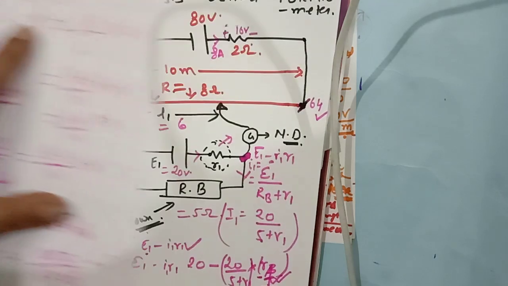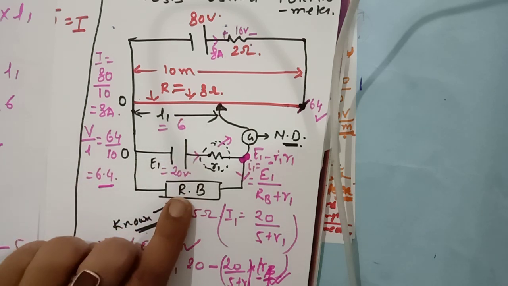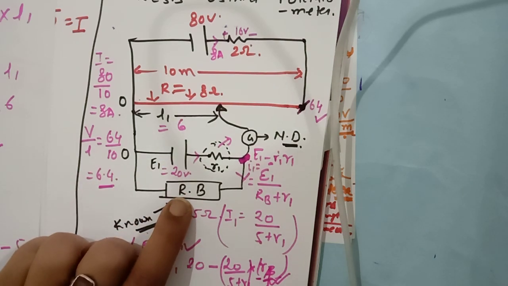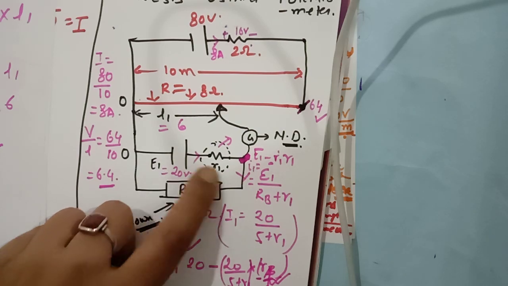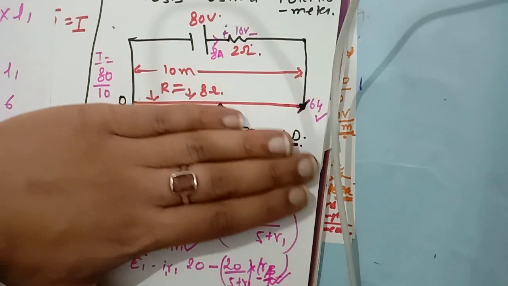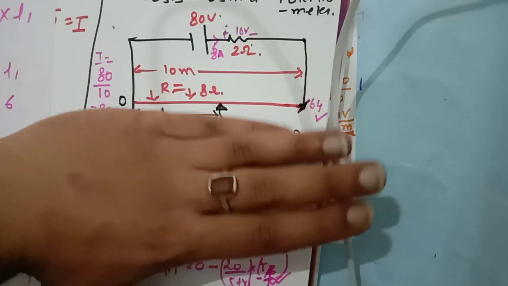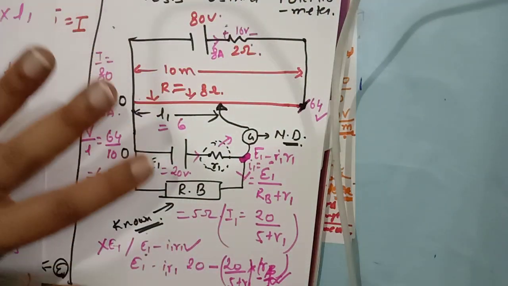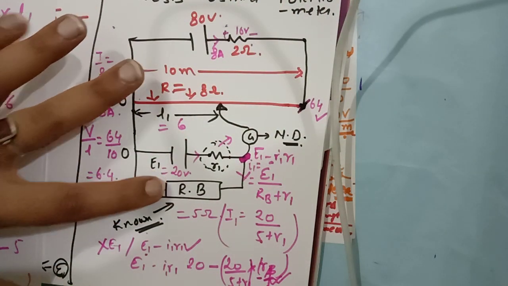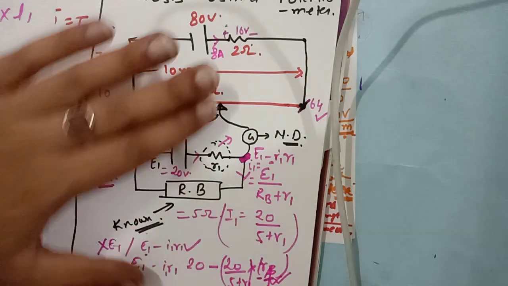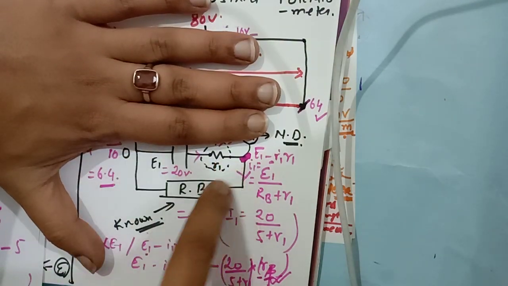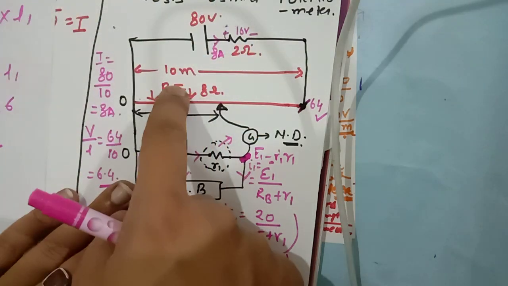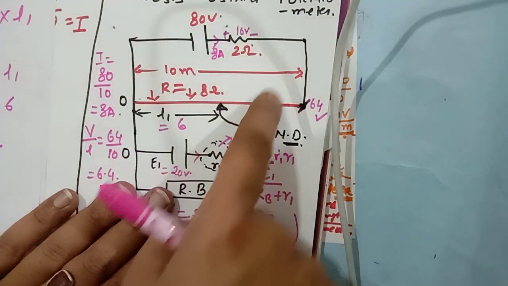So what is the experimental setup for finding internal resistance? First we attach a resistance box parallelly to this circuit. Okay, and we know when the galvanometer shows null deflection, the upper circuit and the lower circuit can be dealt with separately, right? Since here the circuit is completed, there should be a current moving over here.